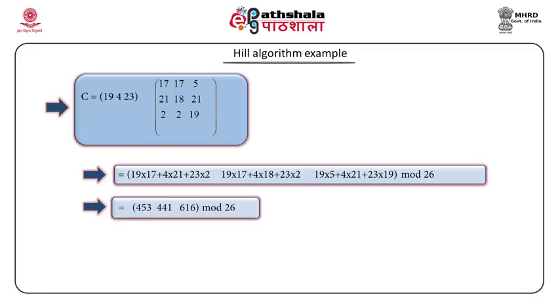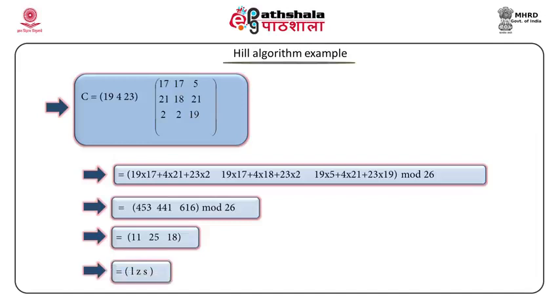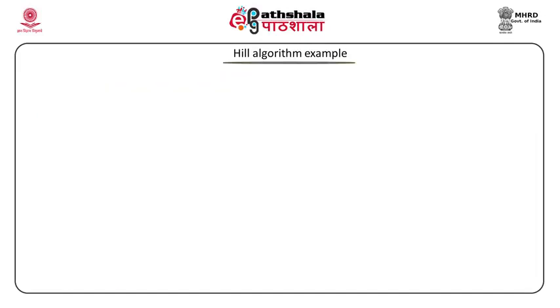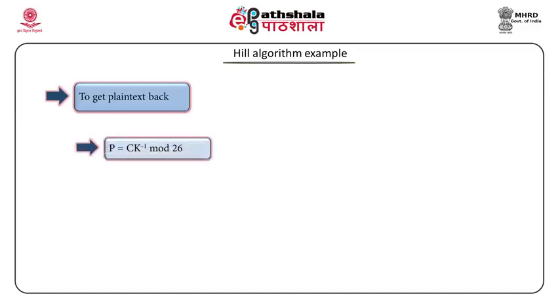If it is greater than 25, take modulo 26 and you will get L, Z and S. Now, when we design any encryption algorithm, it should be possible for us to decrypt it. In the Hill cipher case, when you want to get the plain text back, take the ciphertext, multiply it with the inverse of the key and do modulo 26.